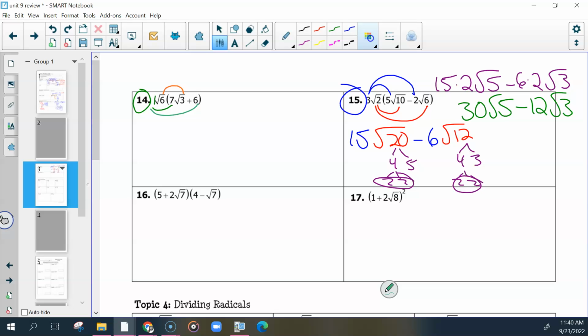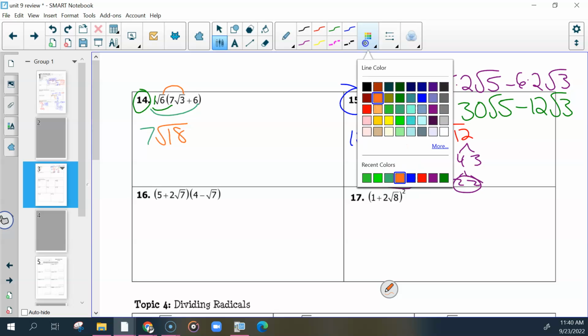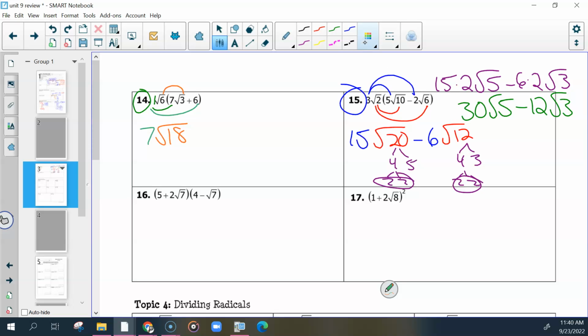So this will look like 1 times 7, 6 times 3 on the inside, and then 1 times 6. But even though we don't have an inside piece, we need to still include this because they were connected. So we would just bring it along.